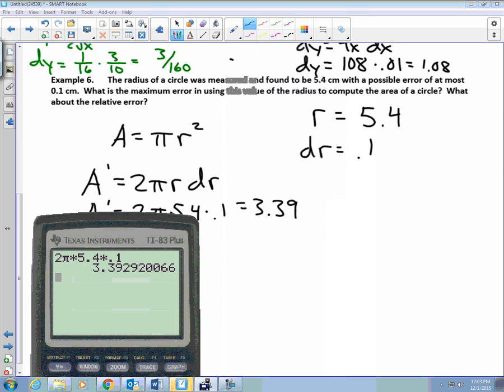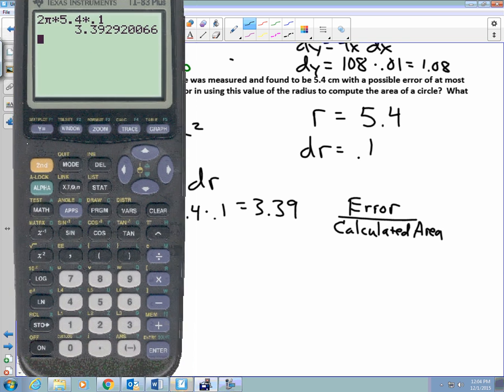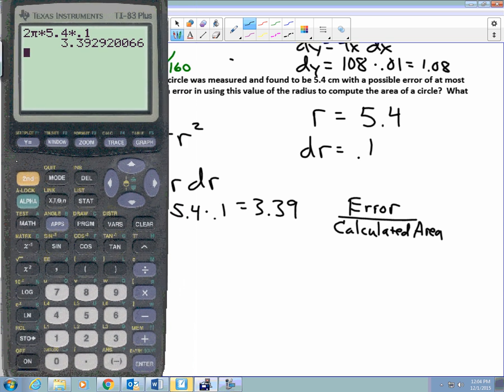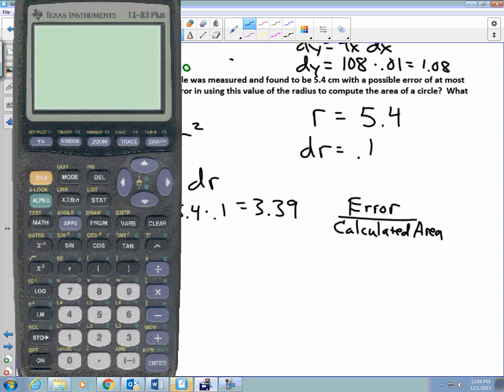It says what about the relative error? Okay, and what does that mean? What that means is we take the error and we divide it by the calculated area. So I'm going to take 3.39 and divide it by the calculated area. How do I find out the calculated area? Plug in. What do I plug in? Yep, so 5.4 squared, and I multiply that by pi.